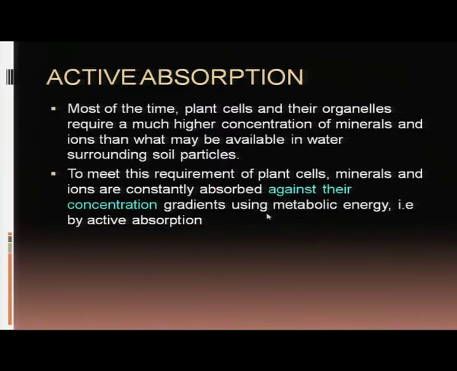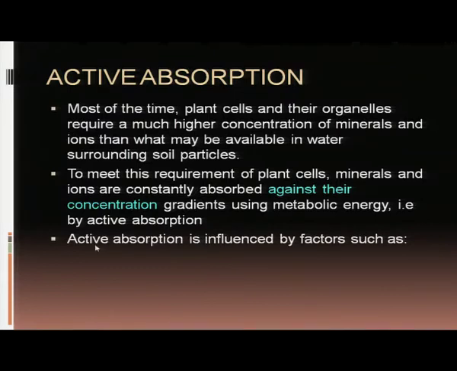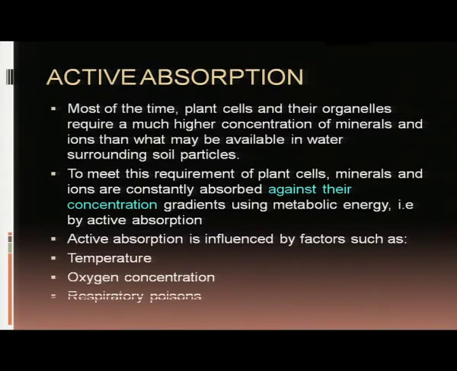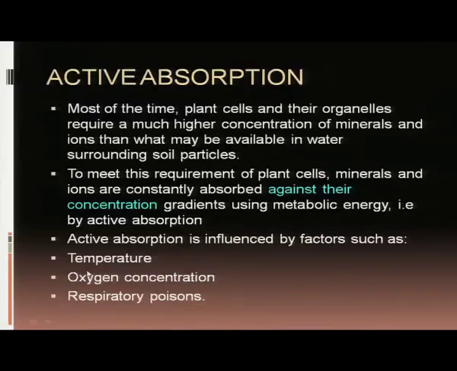using energy. The mechanism of active transport and absorption is influenced by temperature, oxygen concentration and respiratory poisons, that is, the metabolic inhibitors. If the temperature is lowered, the rate of active absorption will also be lowered, and if it is raised to large extents, then also the active transport will stop.